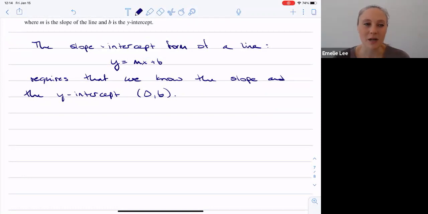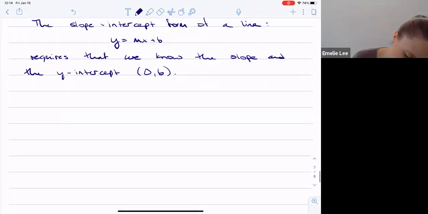If we're solving problems, that might not be the case. We might just know a point on the line, so kind of a more general version of a line.